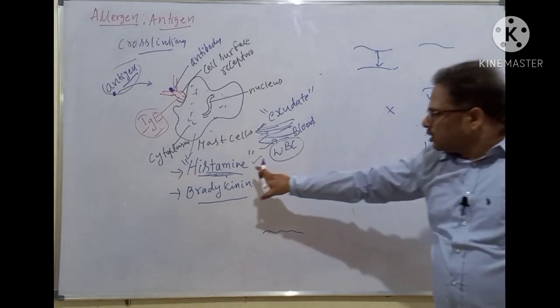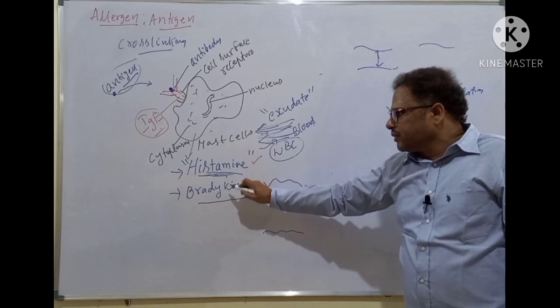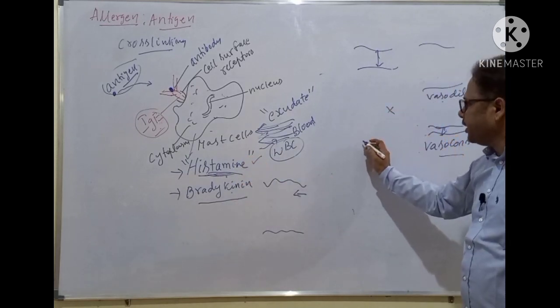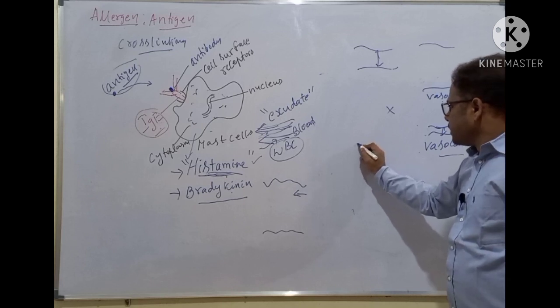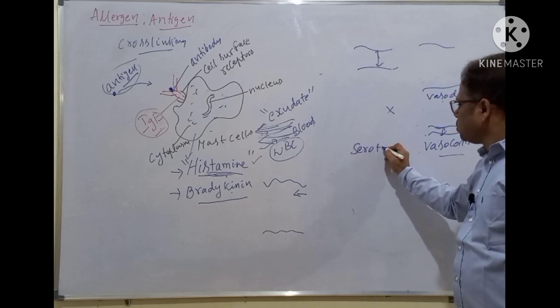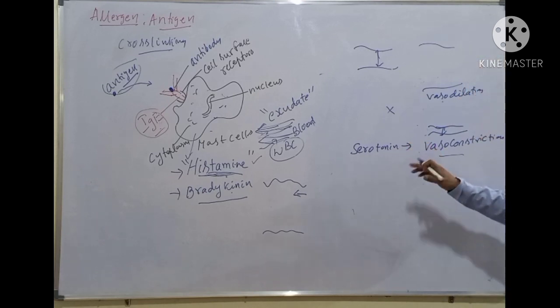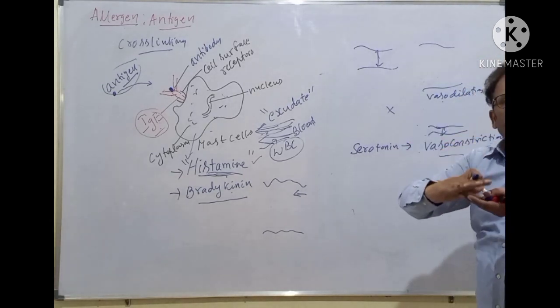Vasodilation is done by the inflammatory mediators histamine and bradykinin, whereas vasoconstriction is done by the other inflammatory mediator called serotonin. Serotonin causes vasoconstriction. Constriction means narrowing of the blood vessel.